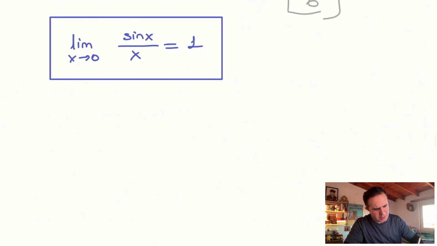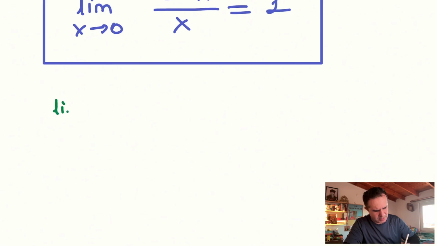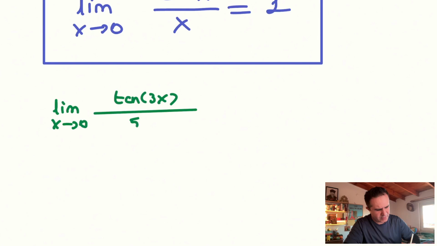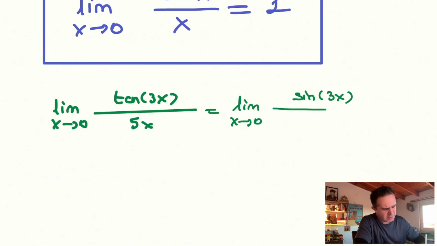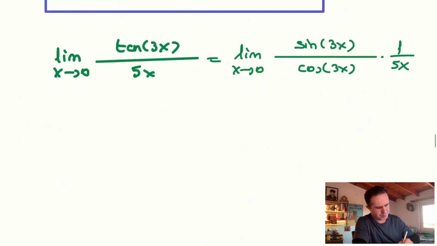Our problem was the limit as x approaches 0 of tangent 3x divided by 5x. And I can rewrite it as the limit as x approaches 0. I rewrite tangent 3x as sine 3x divided by cosine 3x, and we have 1 over 5x also.